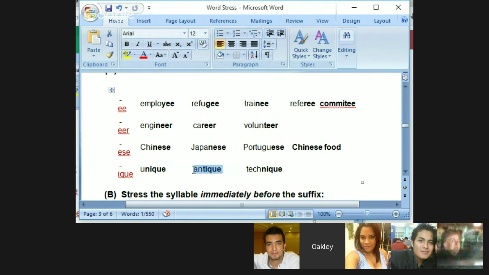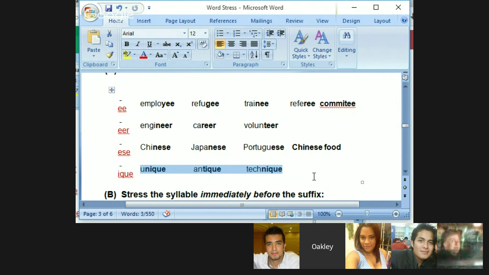Antique can be a noun or an adjective. I bought an antique at the store. I bought an antique clock at the store. It can be either. Technique is a noun. The technique he used was interesting. So there are a number of suffixes that can be used for nouns or adjectives. This is actually fairly common to have suffixes that could be either an adjective or a noun.